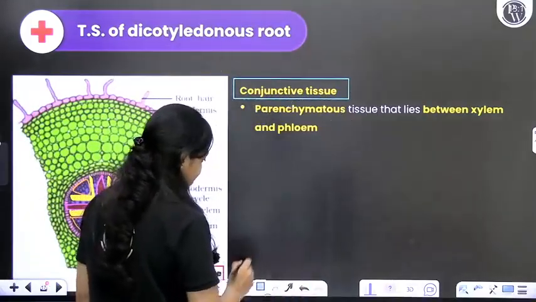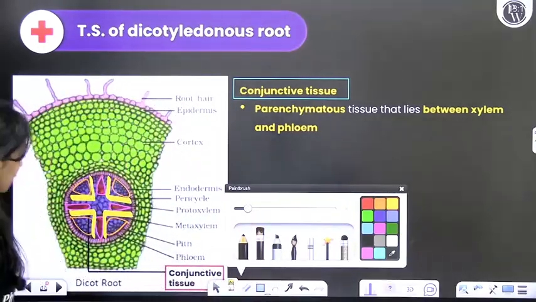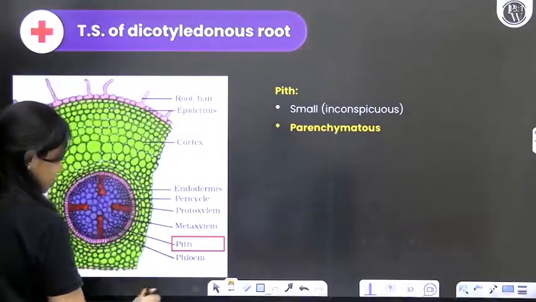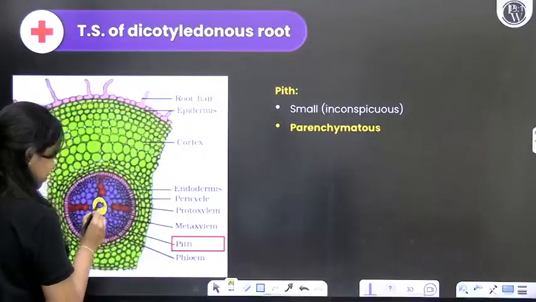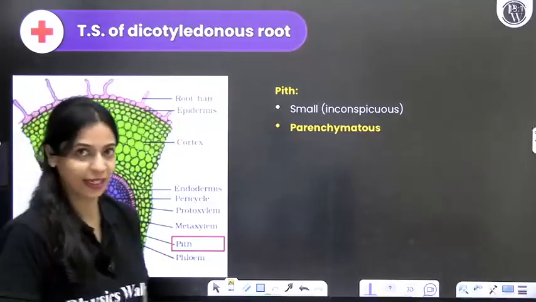That is present between xylem and phloem. In the center, whatever is present, that is called the pith. This is the pith. The pith is very small here, inconspicuous, you can't see it very clearly.